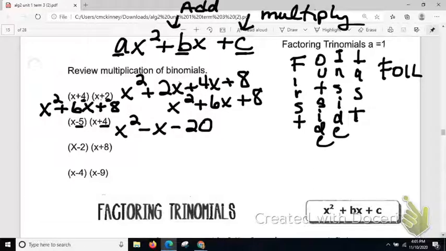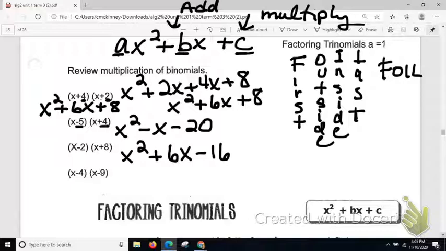So x times x is x squared. Negative 2 plus 8 is positive 6, always gets an x, and then negative 2 times 8, multiply, is negative 16. The signs are going to be important, so pay close attention to those.